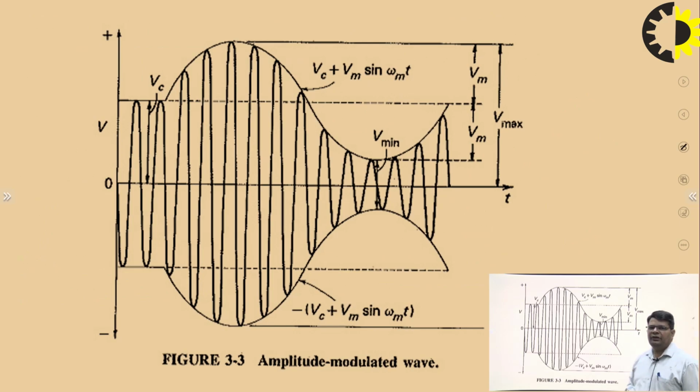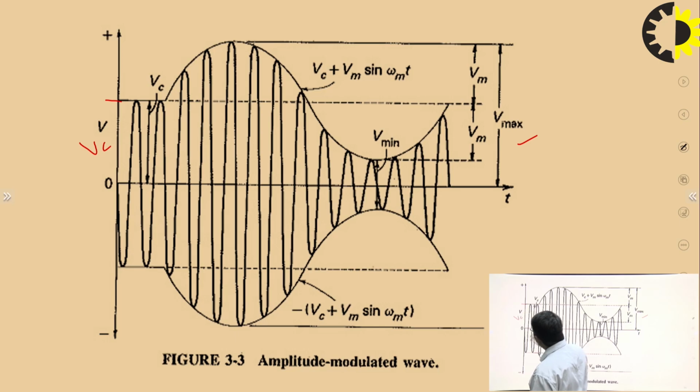So this is the AM wave as discussed. In this AM wave, we can calculate the values of various factors. Up to this point we have the carrier amplitude Vc, and up to this point we have the modulating message signal Vm.